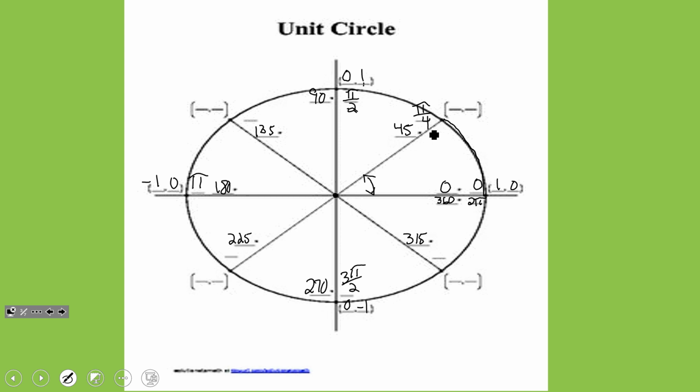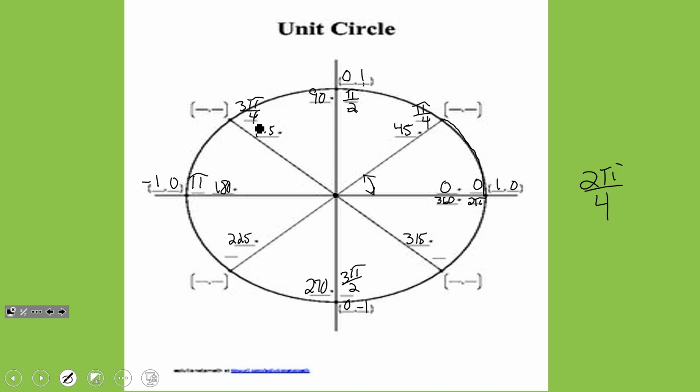2 pi's over 4, do you understand what I'm saying here? 2 pi's over 4 would reduce to what? Pi over 2. This would be 3 pi's over 4. Then if we went again, this would be 4 pi's over 4, which reduces to pi. You with me on how I'm counting this?